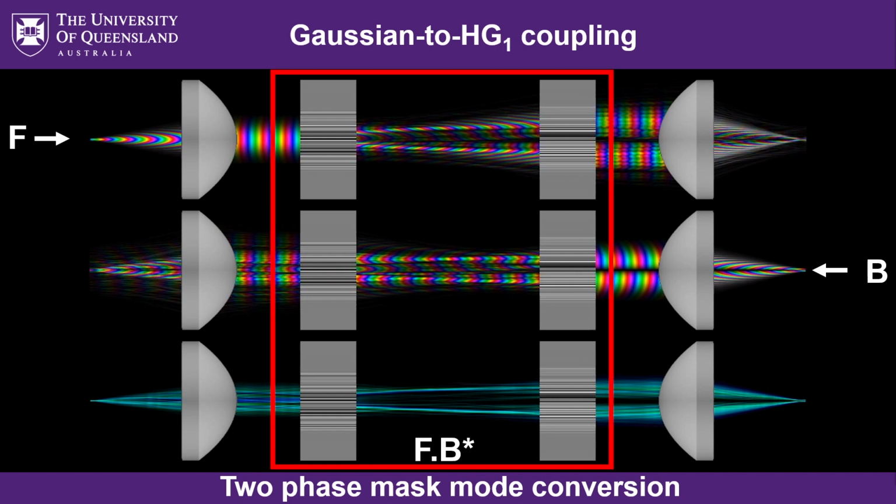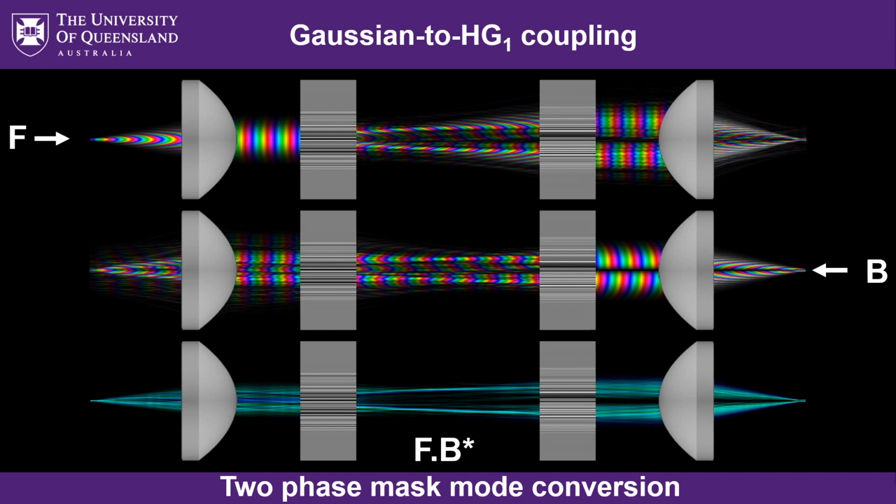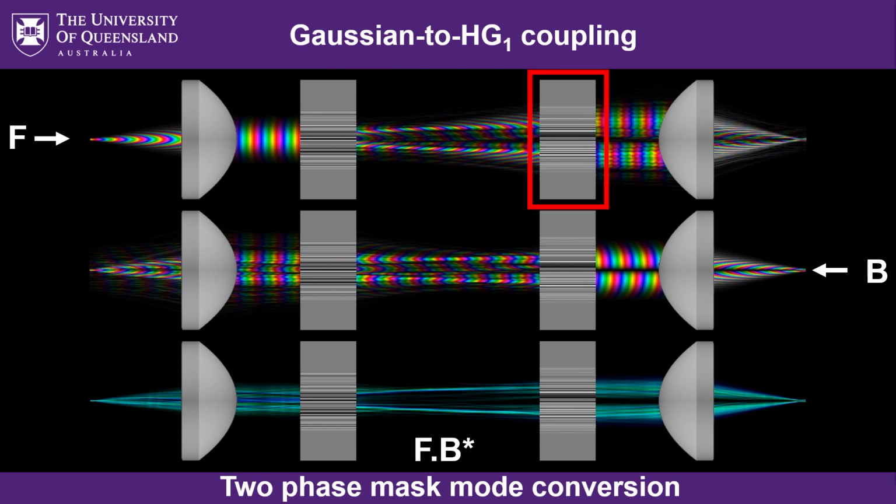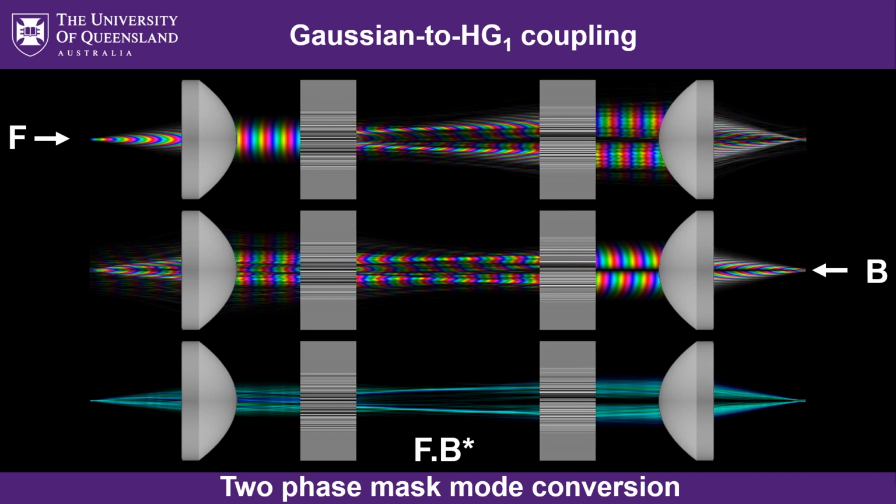When you've got two phase masks, you can think of it a bit like the first mask redistributes the amplitude onto the second mask, and then that second mask finishes it off by just matching the phase, much like the single mask approach from before.